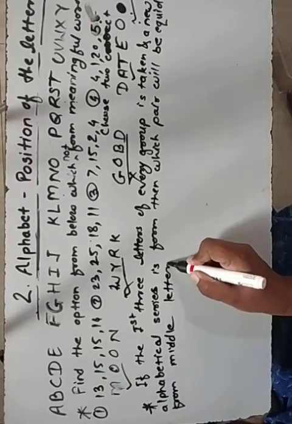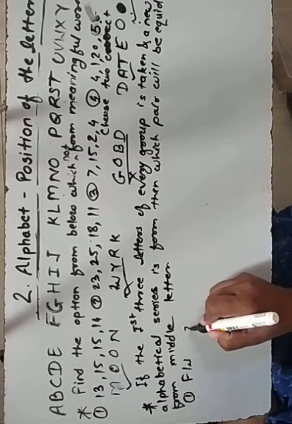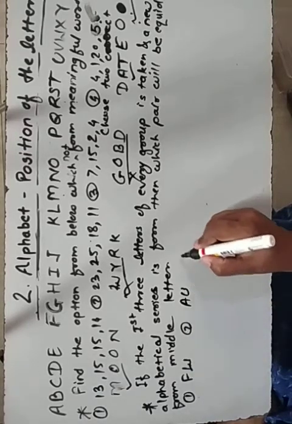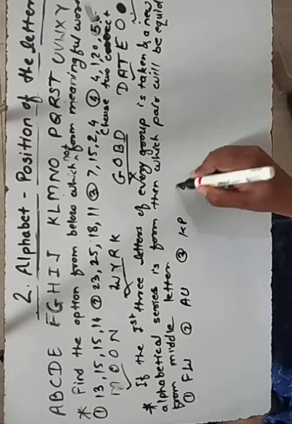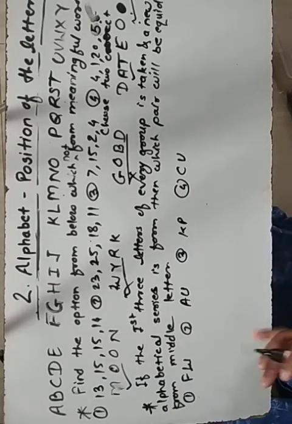Okay, so for this they gave the options: first FW, second AU, third KP, and fourth CU. Okay, so these are the options.